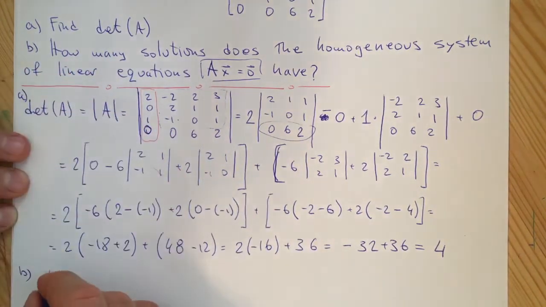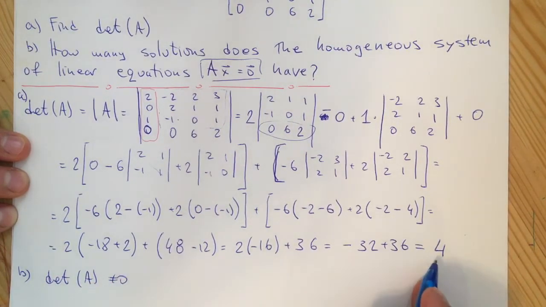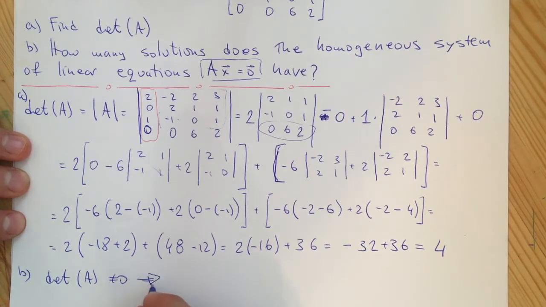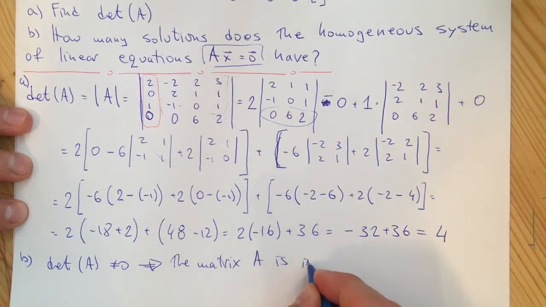Well, the fact that the determinant of A is different than 0, we know that that means that the matrix A is invertible.